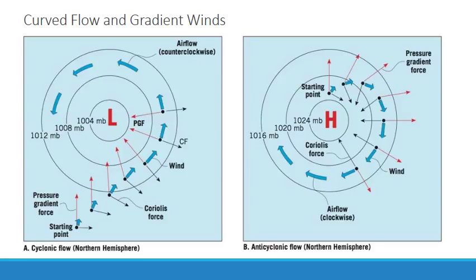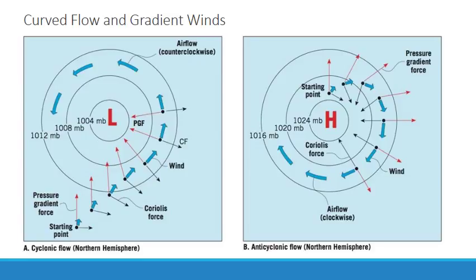So remember that whenever isobars curve to make elongated regions of low and high pressure, those areas are called troughs and ridges, respectively. The flow around a trough, because there's low pressure in the middle, is cyclonic. Conversely, the flow around a ridge is anticyclonic.